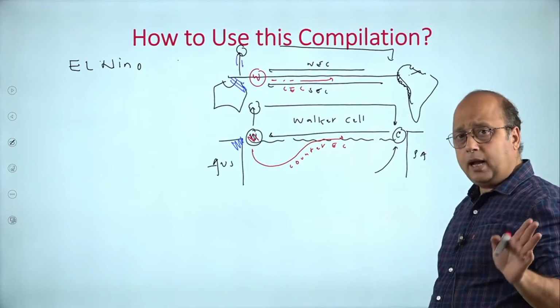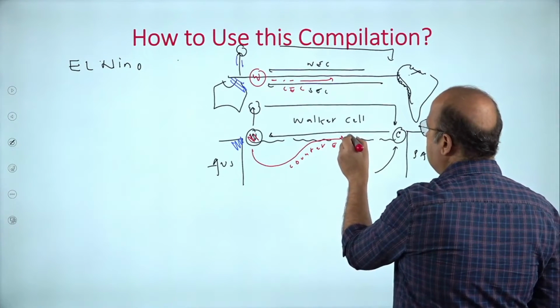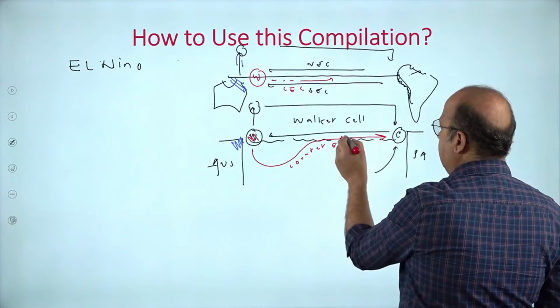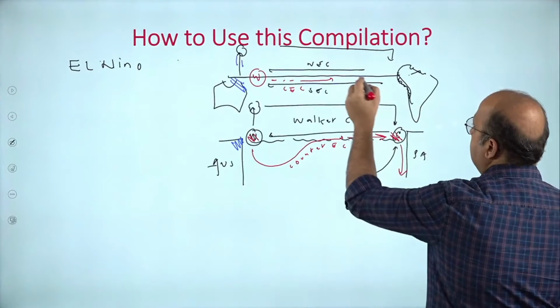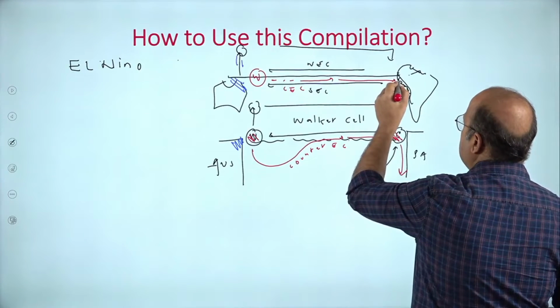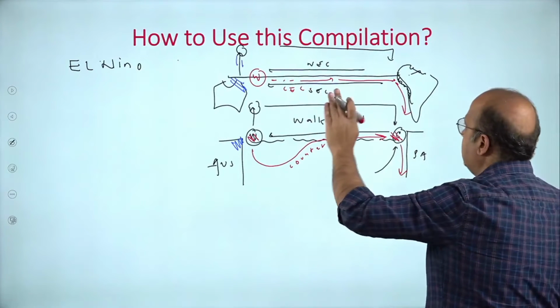But during El Nino time, what happens? This Counter Equatorial Current becomes so strong that it comes to the surface and stops the upwelling. It comes this side and starts moving, displacing the Peru Current backward.